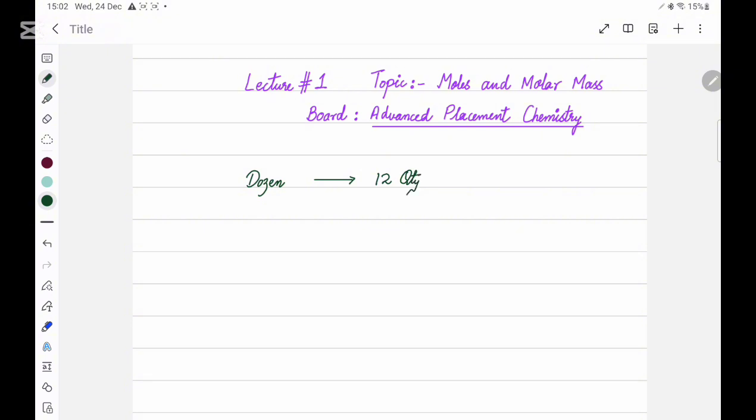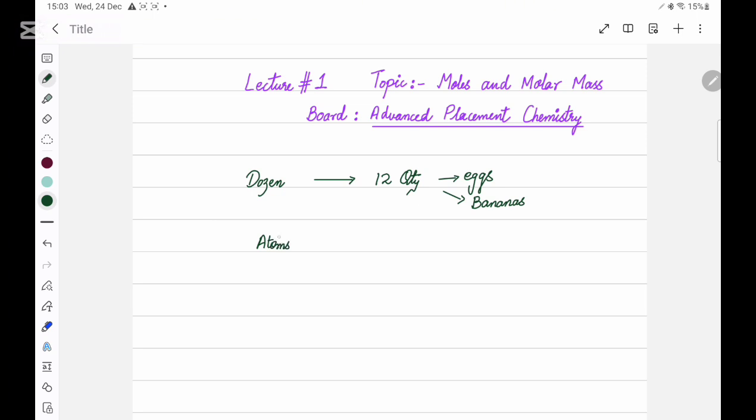That could be anything, either eggs or bananas. Because of our convenience, we use different units to represent quantities.